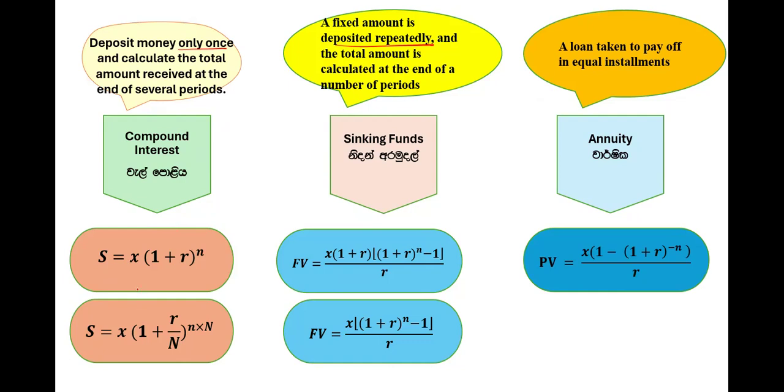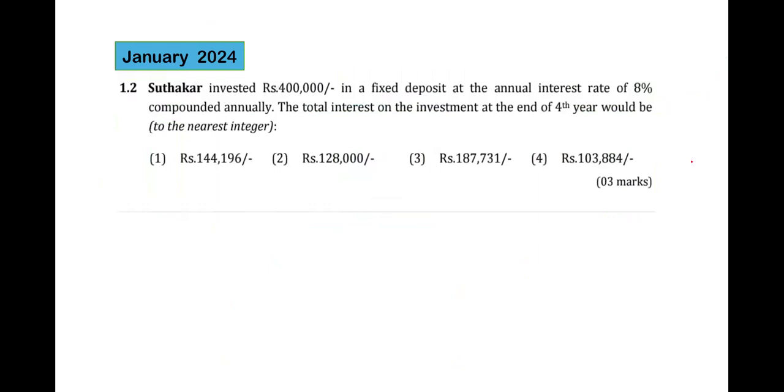Now we have two formulas. What are those? The first one is for interest compounded annually. If the interest is compounded several times per year, then you can use the second one. Then check the question. Compounded, not quarterly, sorry, I thought quarterly.